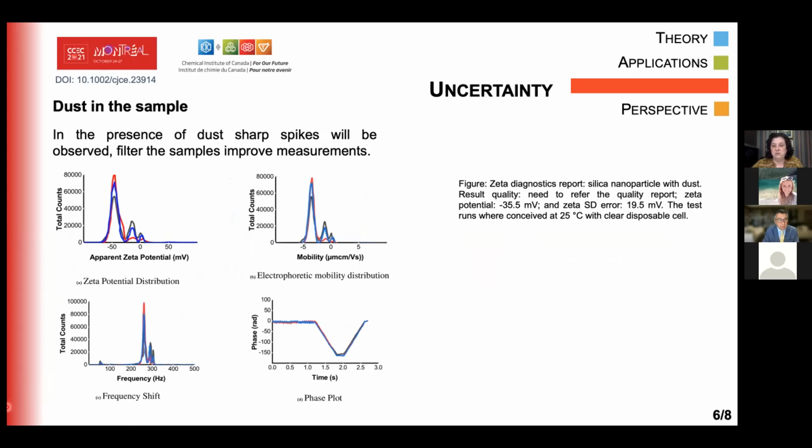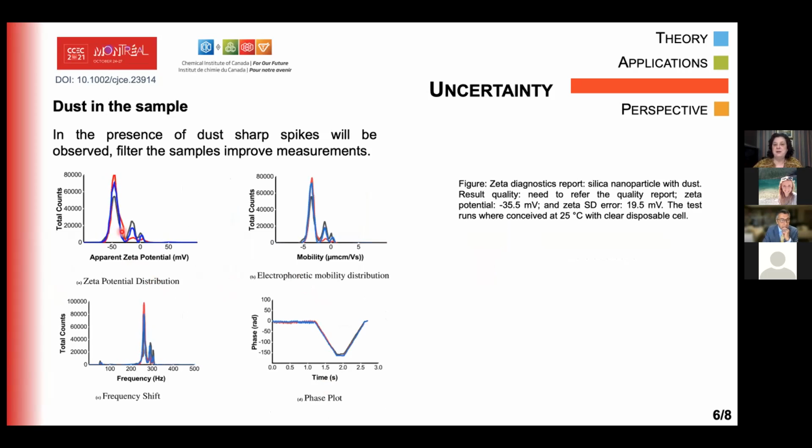One source of error, this one we did experimentally in the lab. We prepared silicon nanoparticles and added some dust to them. This dust is very clear in all types of displays, like electrophoretic mobility, Zeta potential, frequency, and phase plot, as a sharp peak.